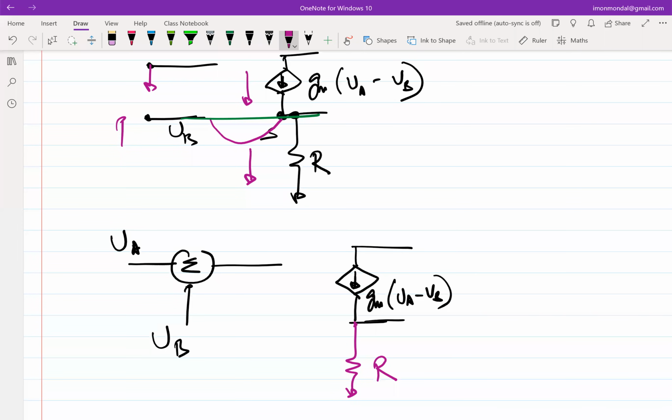By its very build, these two terminals of the transistor are connected, and you can assume this to be shorted on the other side. It doesn't really matter. This is VA minus VB.